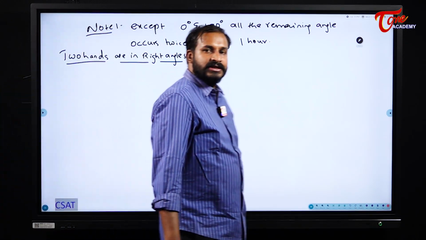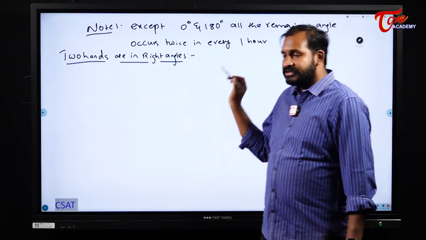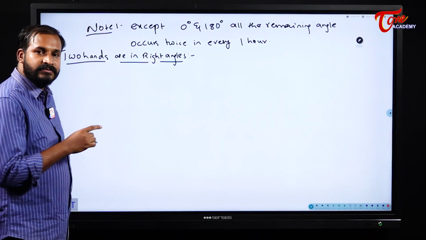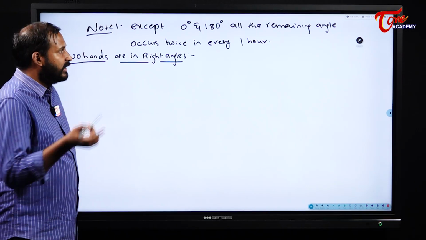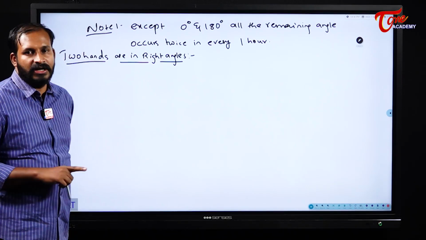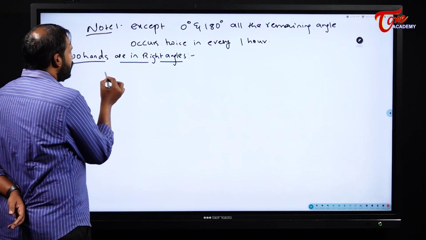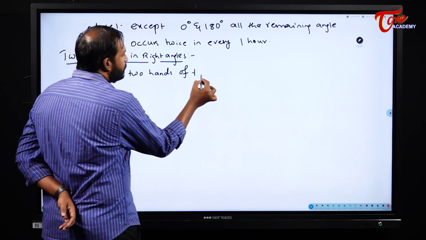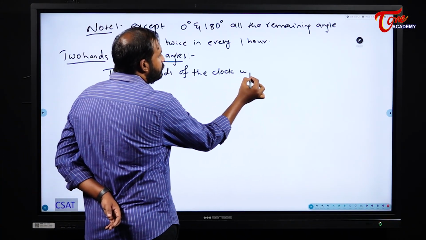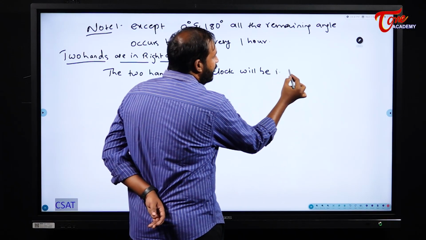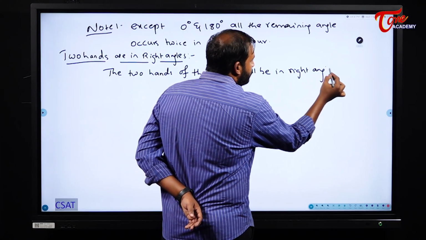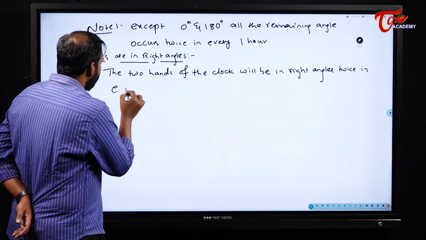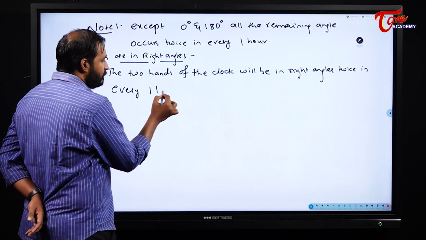So, now see here students, it occurs twice in every 1 hour, right? So, in 12 hours they should occur how many times? 24 times. But the two hands of the clock will be in right angles twice in every 1 hour.